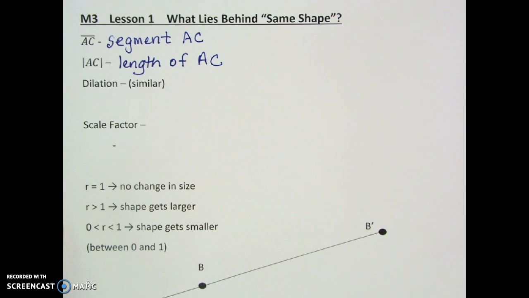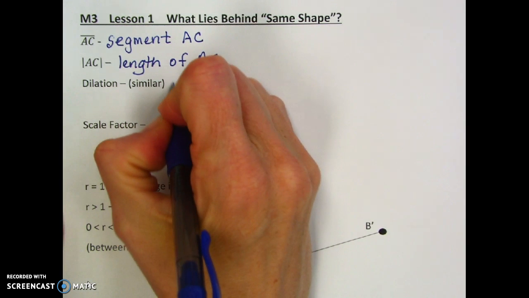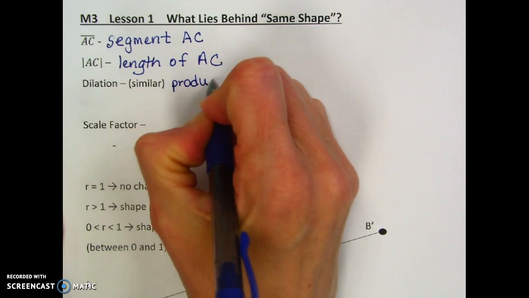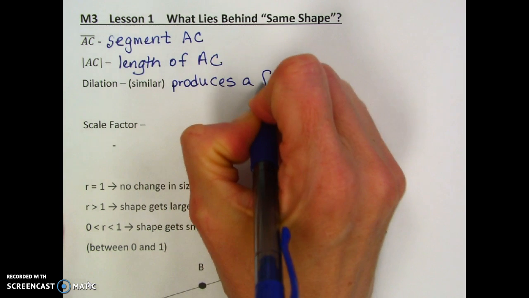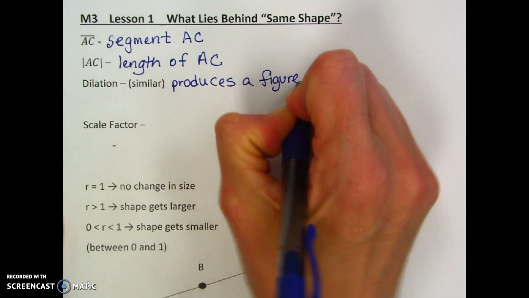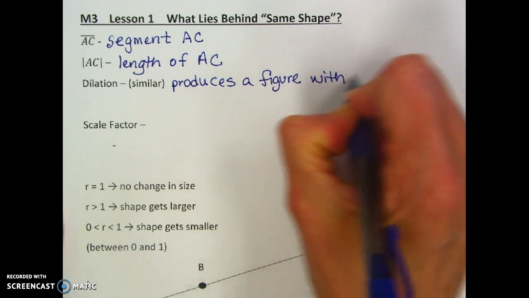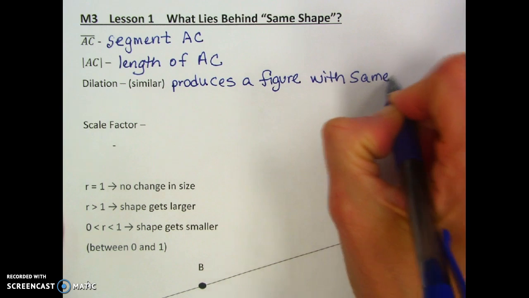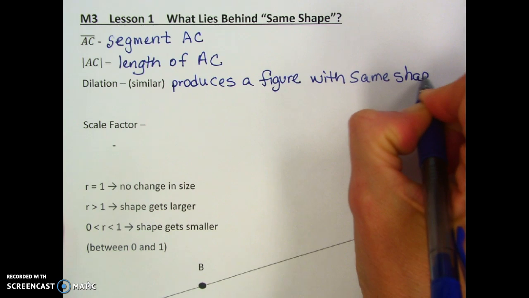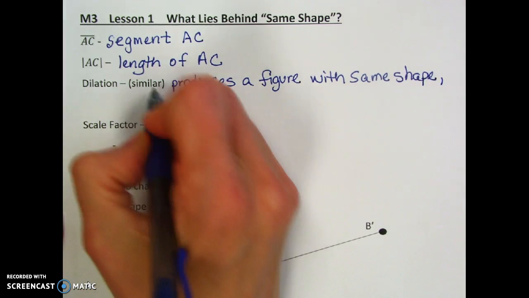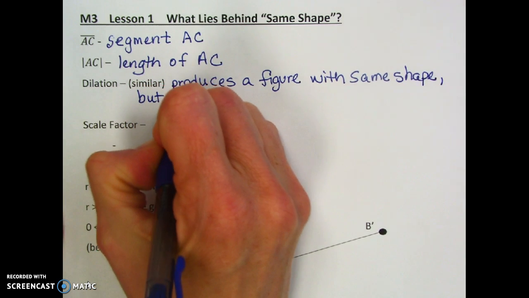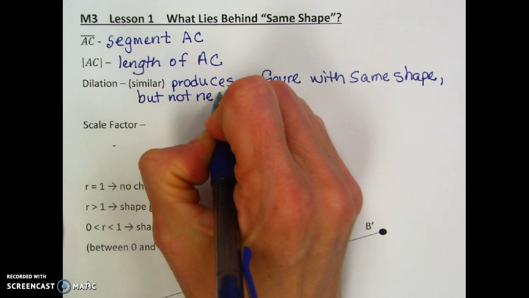Now, when we do a dilation, we will get a similar shape. What that means is a dilation produces a figure with the same shape but not necessarily the same size.